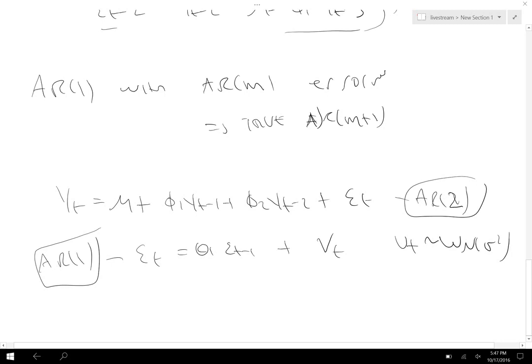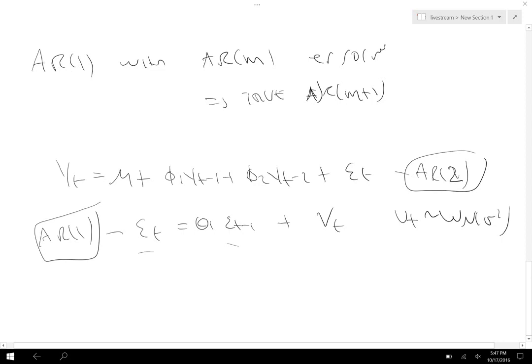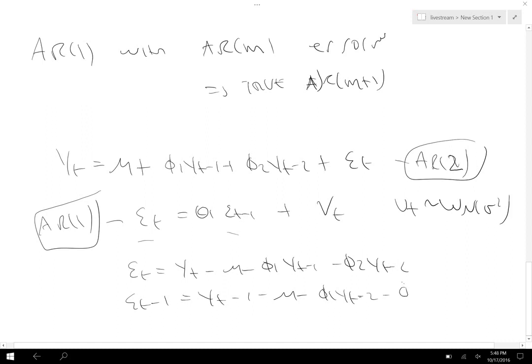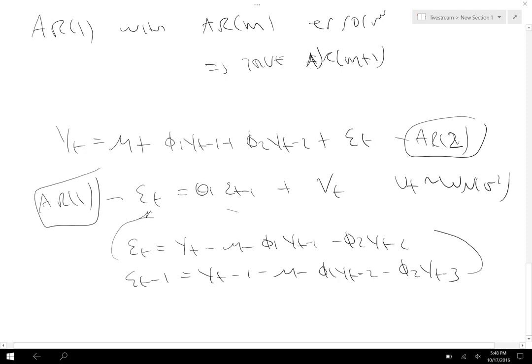By a similar idea, we can work out epsilon_t and plug it in. You should be able to see we're going to get an AR(3), because epsilon_{t-1} is a function right back to epsilon_{t-3}. When you plug these in and rearrange, y_{t-3} appears, which means y_t must be an AR(3) model.